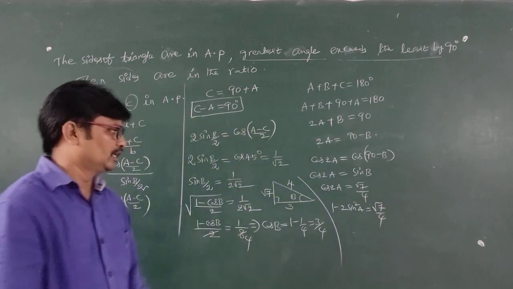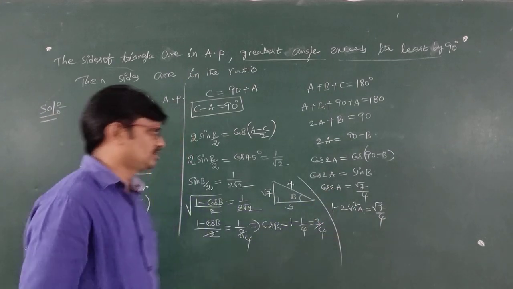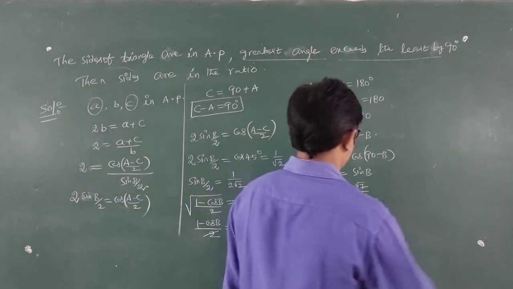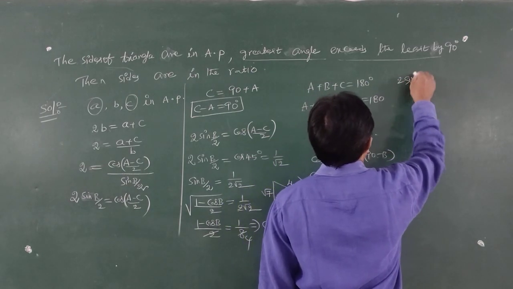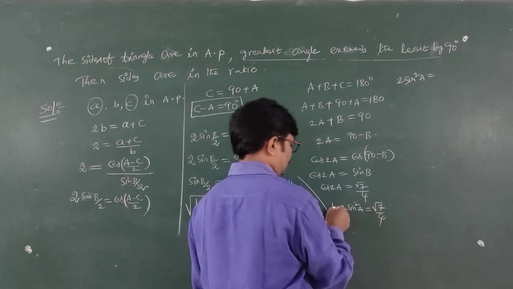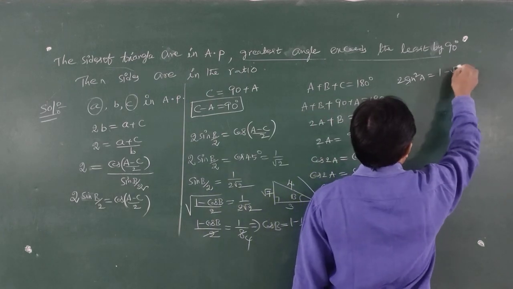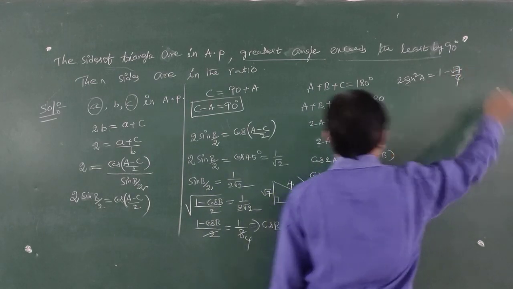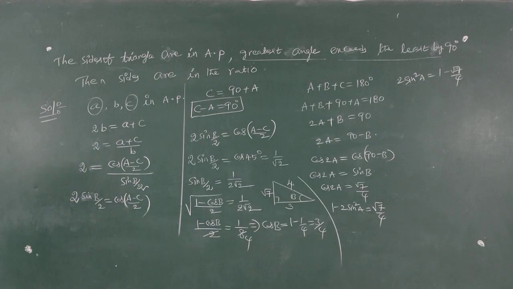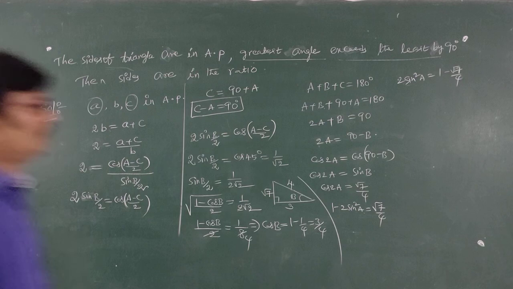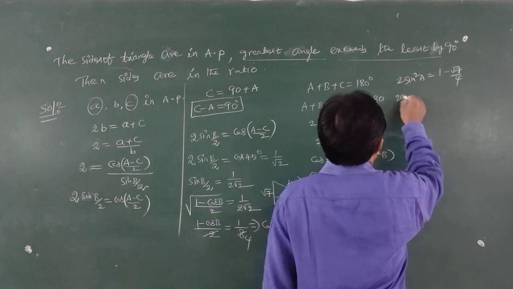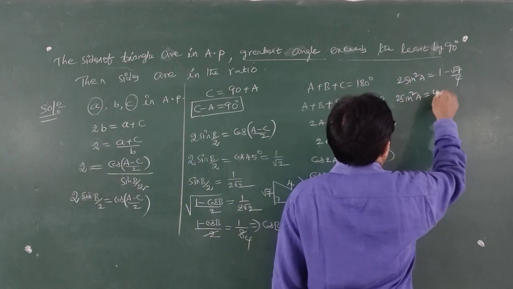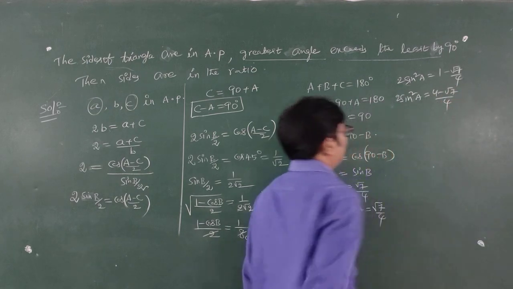We can write 2 sin square A equals 1 minus root 7 by 4, so 2 sin square A equals (4 minus root 7) by 4.